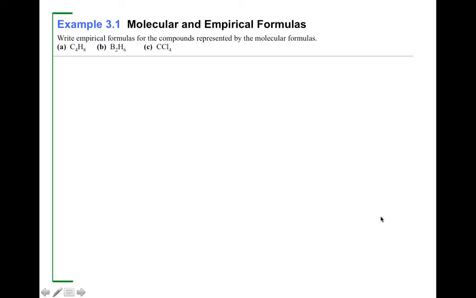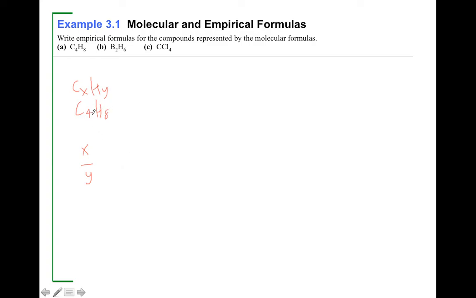So, let's look at an example. Write the empirical formula for the compounds represented by the molecular formulas, okay? So we've got the molecular formulas here, and I'm going to write this as CxHy, C4H8, and the ratio is, I'm going to reduce like this.